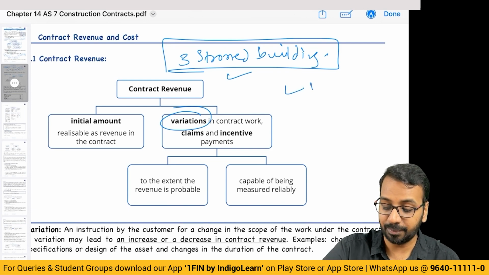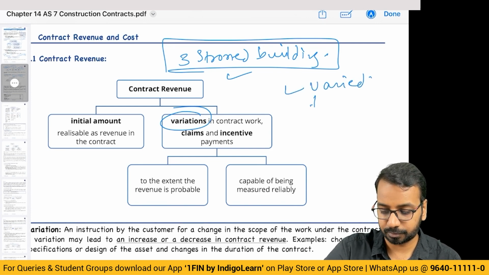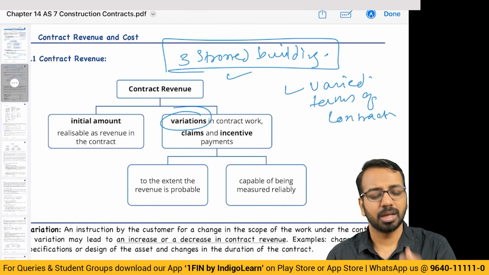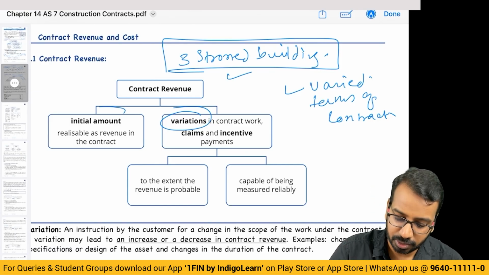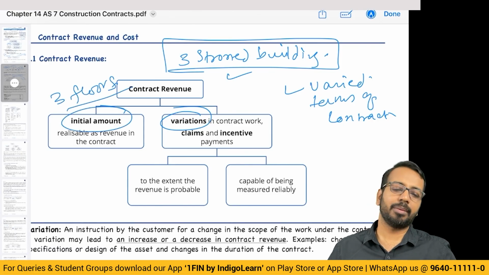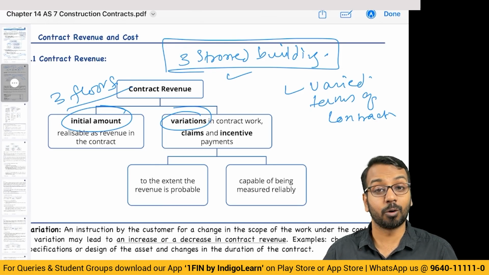So subsequently, we varied the terms of the contract. Varied the terms of the contract means the initial amount we agreed was for 3 floors. Then one fine day you came up and said, sir, can we have a 4th floor, which is a party house? I said, yes, of course you can have it.